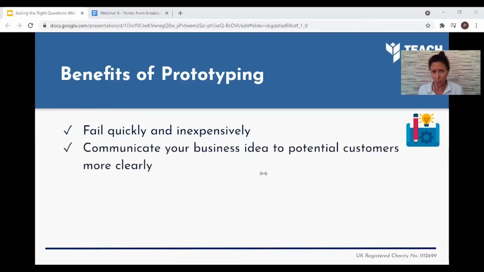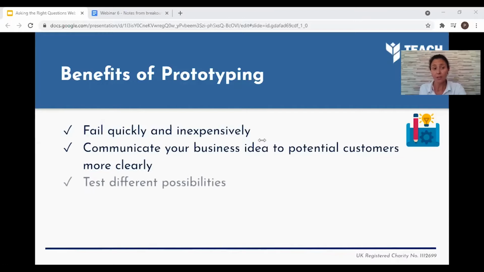Another reason we believe this works is because it helps you to communicate your business idea in an understandable way. It's much easier to get feedback from potential customers when they can see, touch, and feel what your product might look like. And I think one of you said that already in the chat.